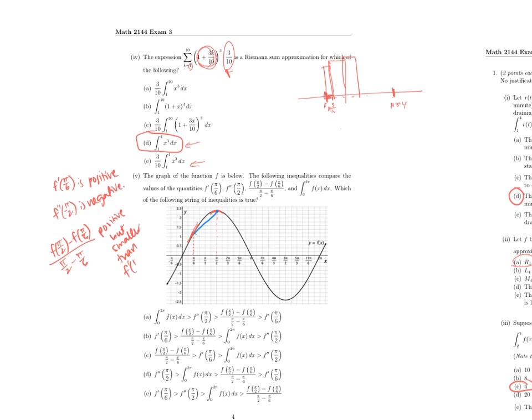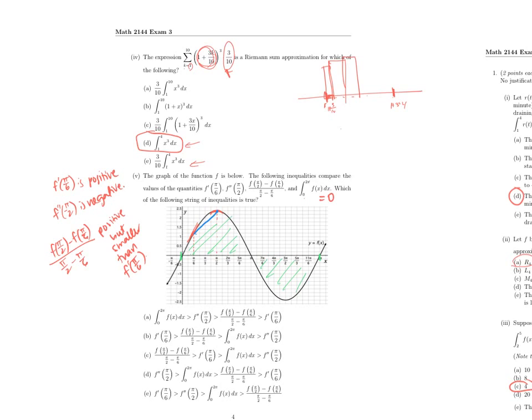And then what about the integral from 0 to 2 pi of this function? I can see the integral from here to here. I'll have this area plus that area, and that's going to be equal to 0.